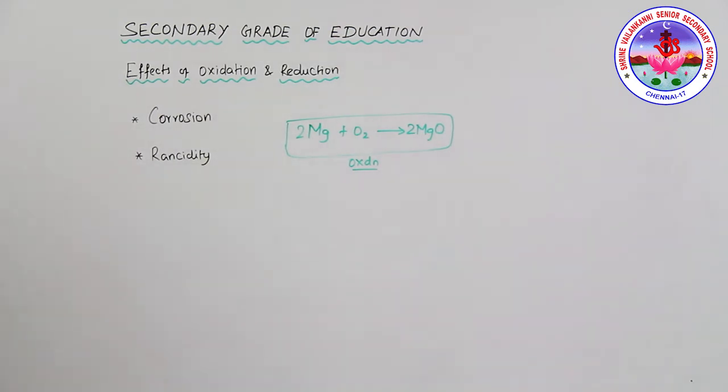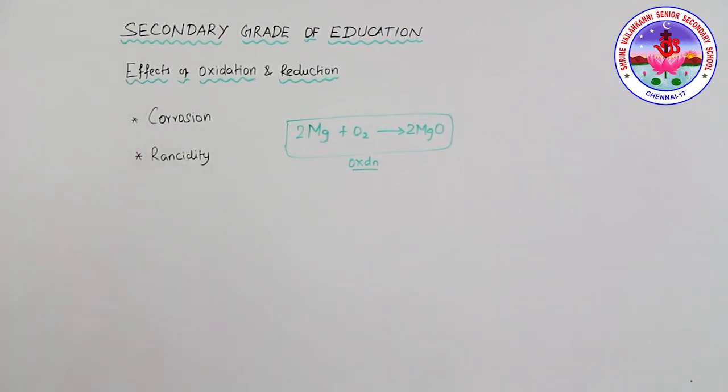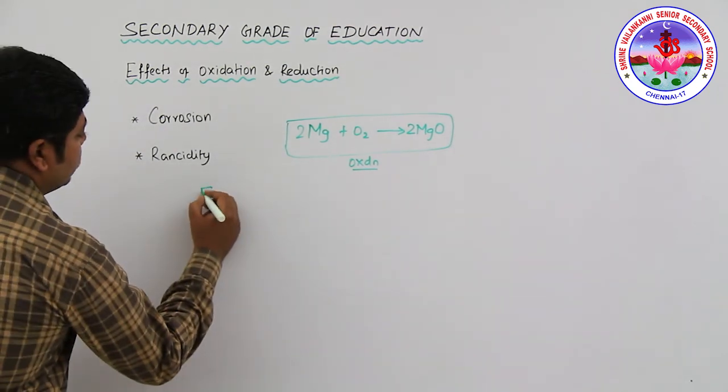Now the effect of oxidation and reduction reactions in everyday life. First, we will see corrosion. You must have observed that when iron articles are new, they are very shiny. After some time, when they react with moisture or water, iron usually converts to iron oxide.